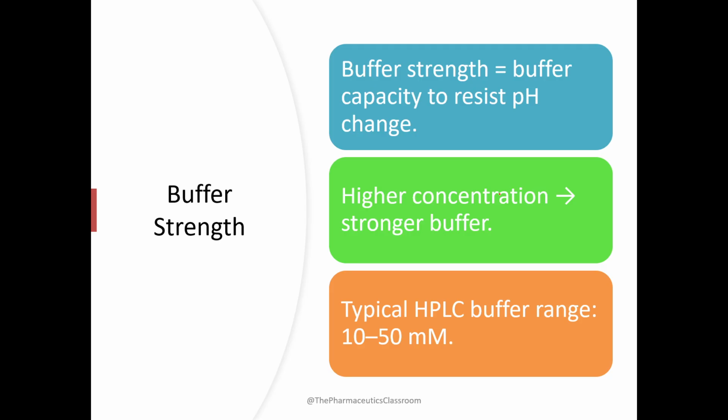So you can increase buffer strength by taking 10, 20, 30, 40, 50 millimolar of solid content. As you increase the solid content, you get a stronger buffer. In HPLC, people use from 10 to 50 millimolar buffers.